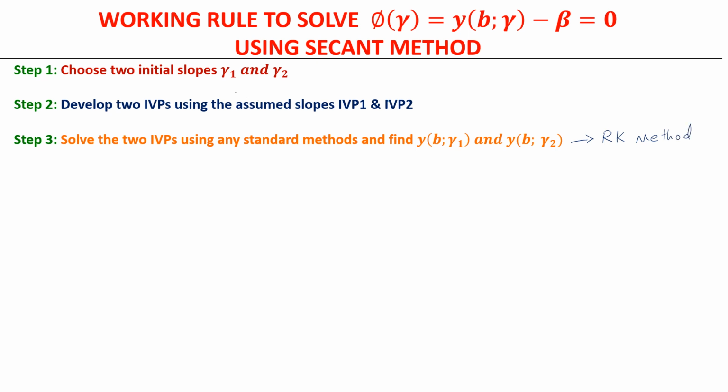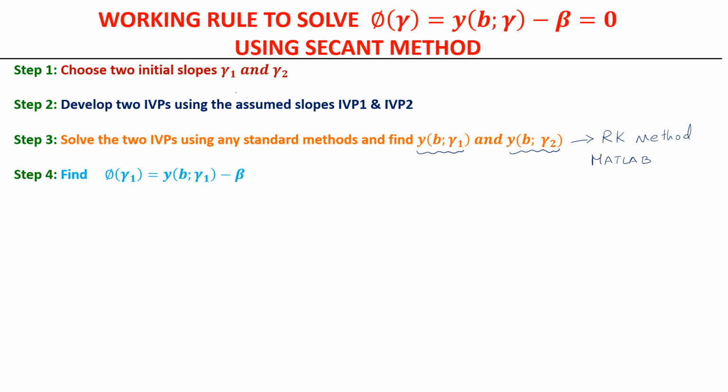We are going to use the MATLAB code for the RK method to find the value of y of b comma gamma 1 and y of b comma gamma 2. This will give me one beta 1 and this is another beta 2. So I solve this using the RK method.